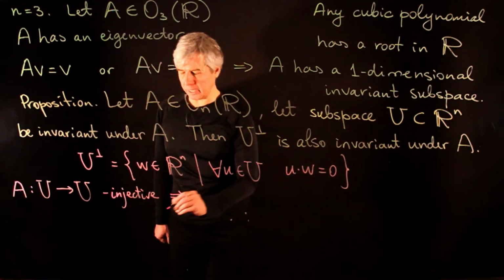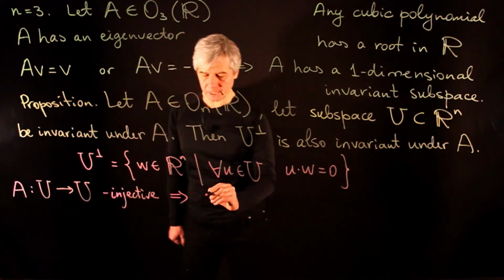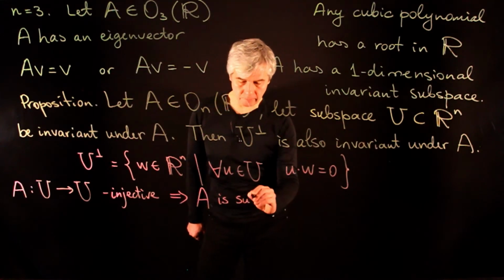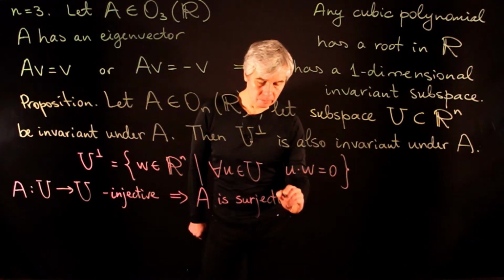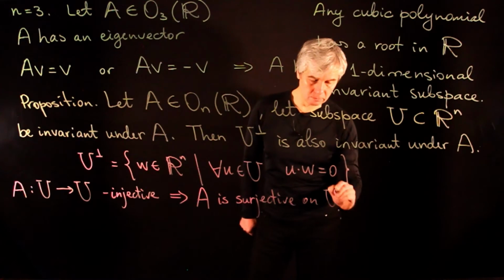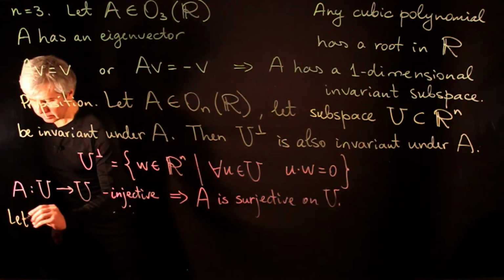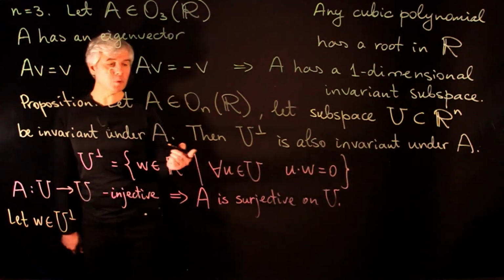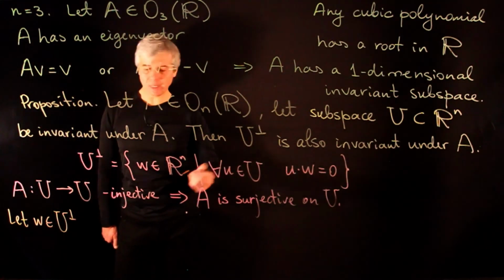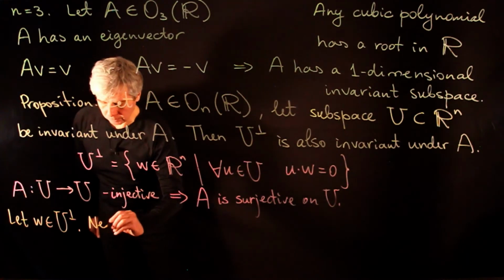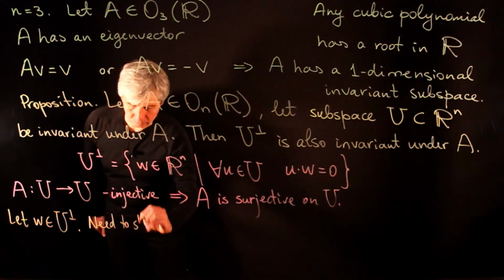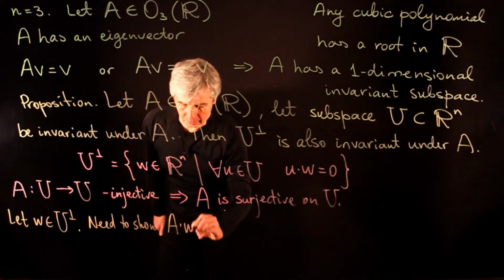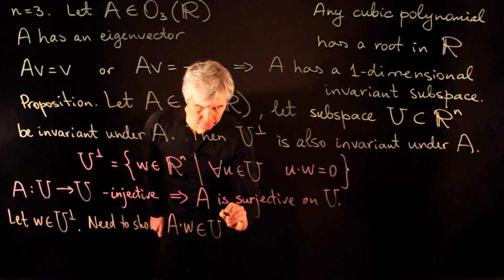And because we have an injective operator, it automatically follows that this operator is surjective on U. Let W belong to U perp. To prove that U perp is invariant under A, we need to show that A applied to W is also in U perp.